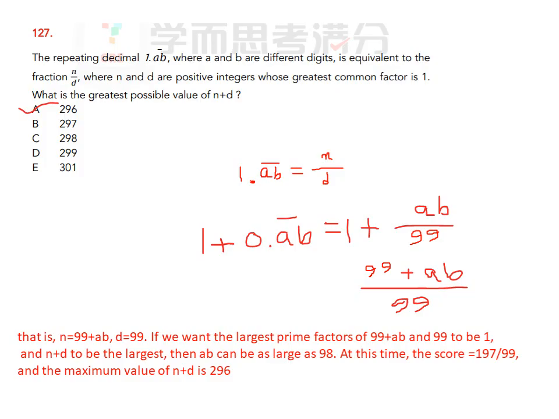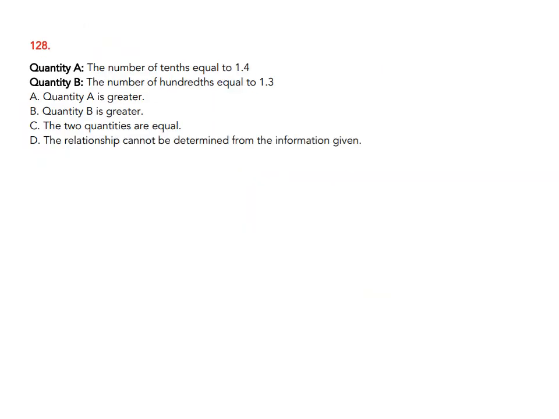Let us move to the next question. Quantity A: the number of tenths equal to 1.4. How many tenths are there? 14 or 4? Keep 1 as a whole number, so 4 by 10, we have 4 tenths. And quantity B: the number of hundredths equal to 1.3.